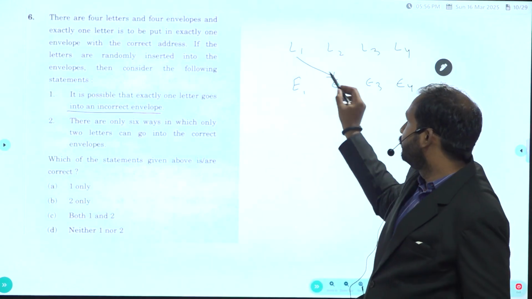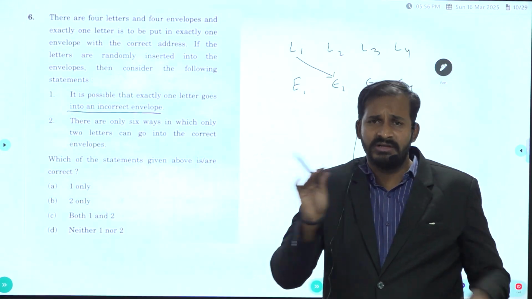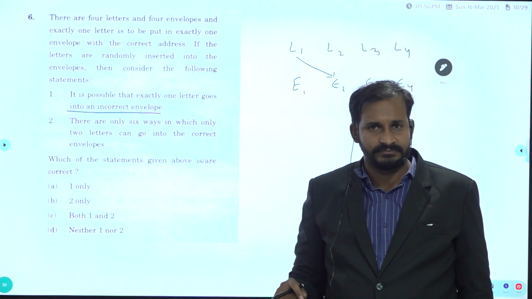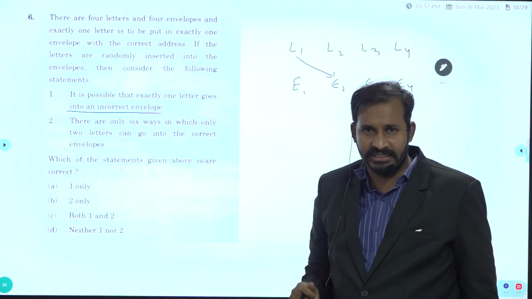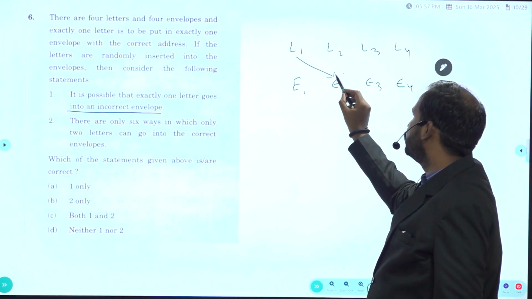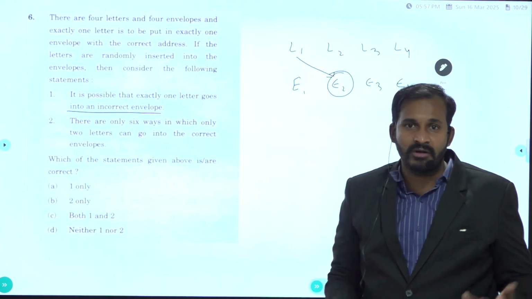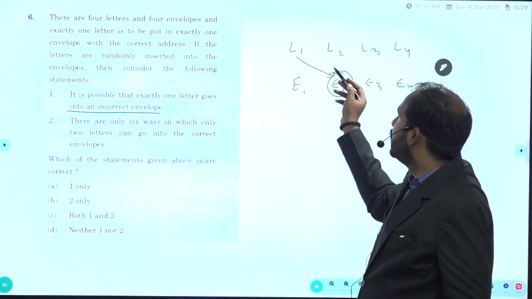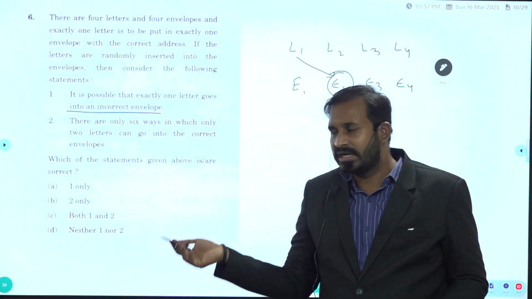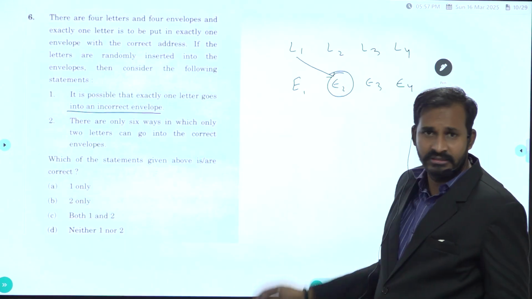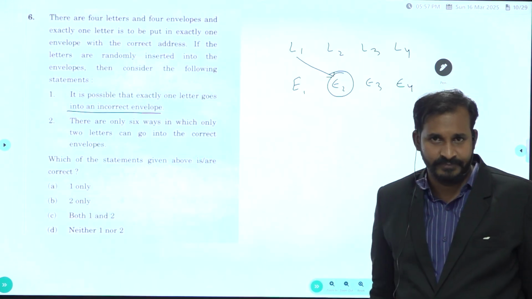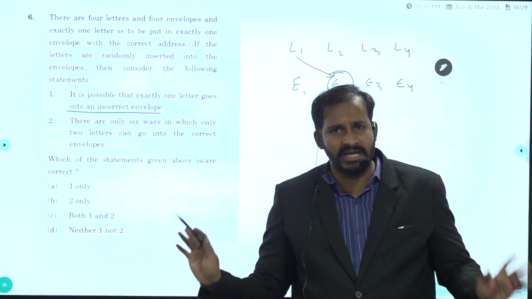Will it impact any other letters? Yes, it will impact. The reason is, the letter which should go to envelope 2, where should it go? It should go to a wrong address, right? Obviously. For example, assume that letter 1 should go to envelope 1 and letter 2 should go to envelope 2, respectively, for the time being. Actually, that is not the condition, but assume it.